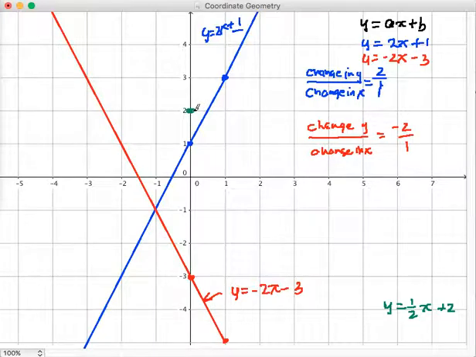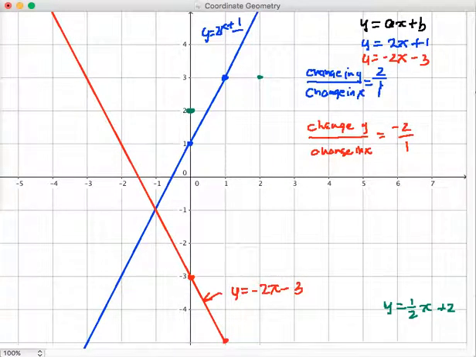As we move 2 units to the right, we move 1 unit up. Okay? So, yan yung ating second point.